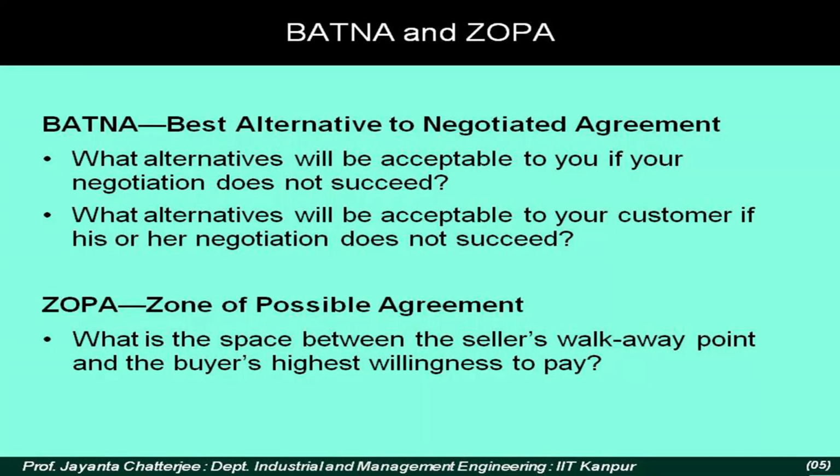And the zone of possible agreement, if you remember the model that we were discussing yesterday, is the zone between the current price level and the logically chargeable price, calculated by calculating the performance improvements that you can bring in. So that also means it is the difference between the seller's walk away point and the buyer's highest willingness to pay.